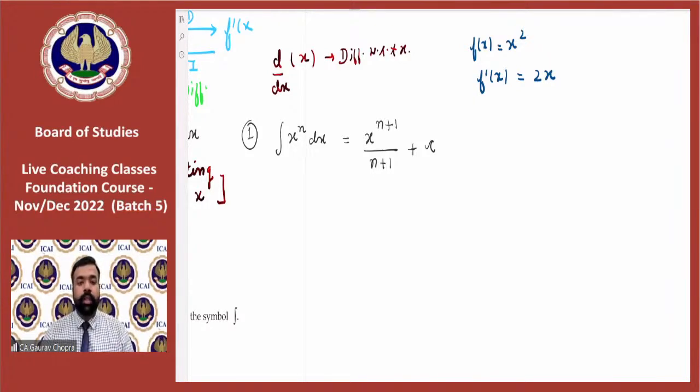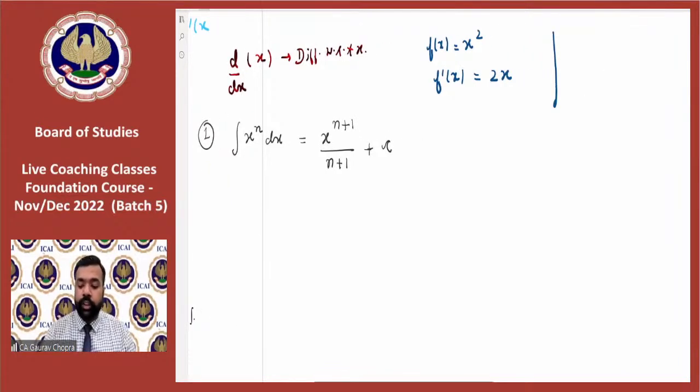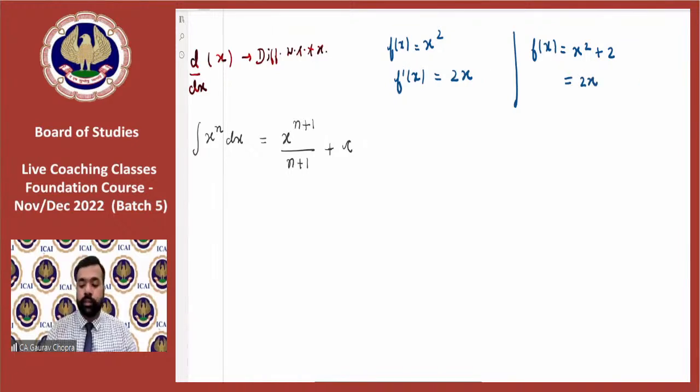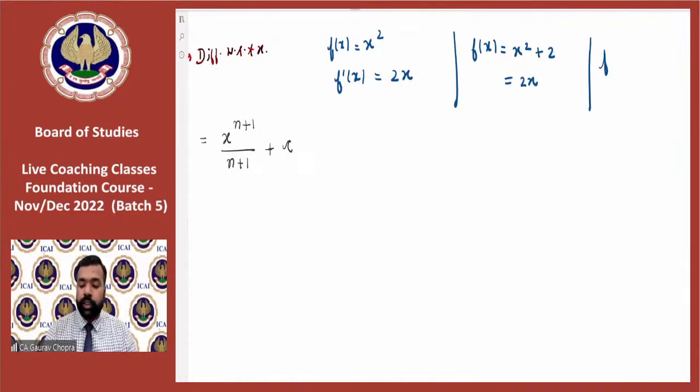And if we differentiate x square plus 2, what will come? It will be again 2x. If we differentiate f(x) equal to x square plus 100, this time f'(x) will be again 2x.